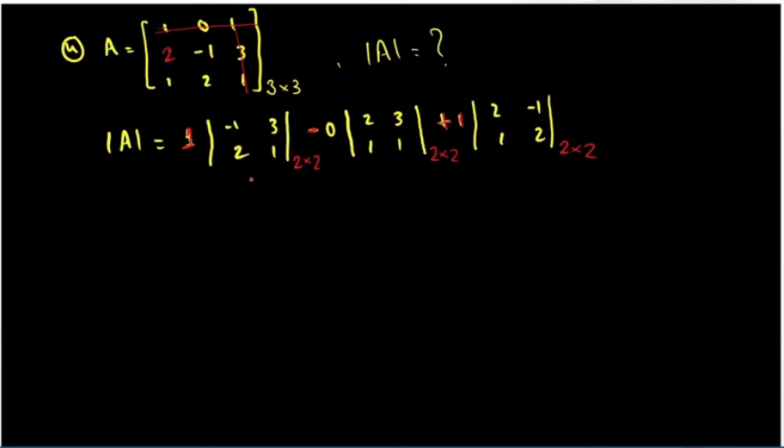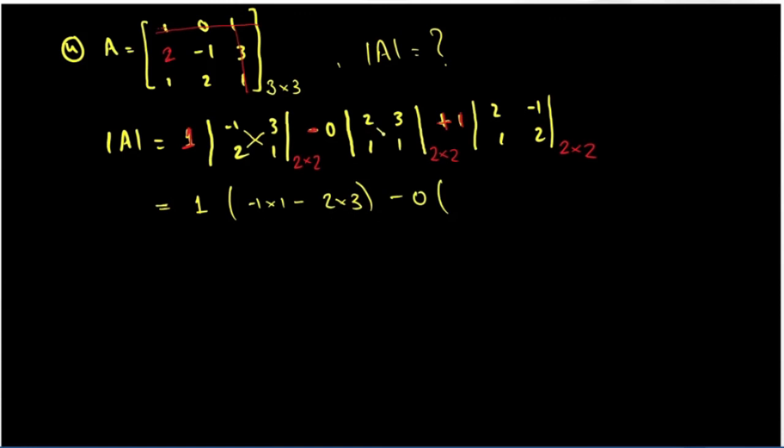Now if I solve this, then I will get this equals to 1. I will multiply these two elements, that is -1 into 1, and then these two elements, that is 2 into 3, minus 0.